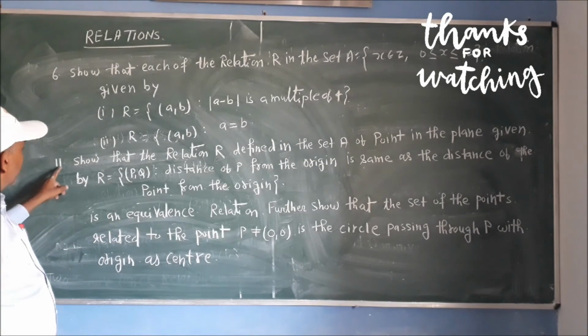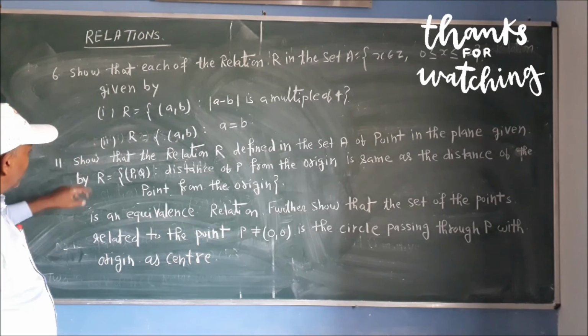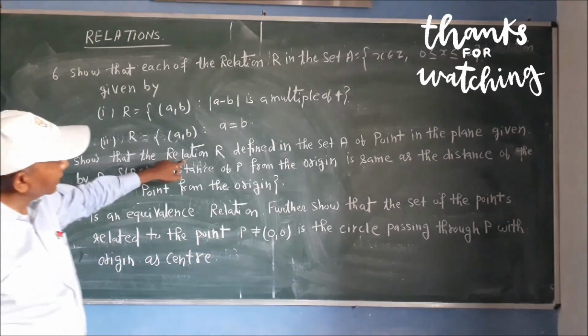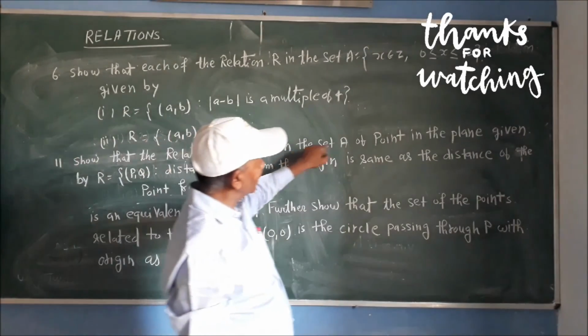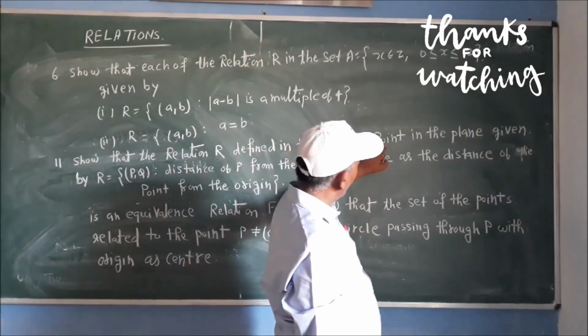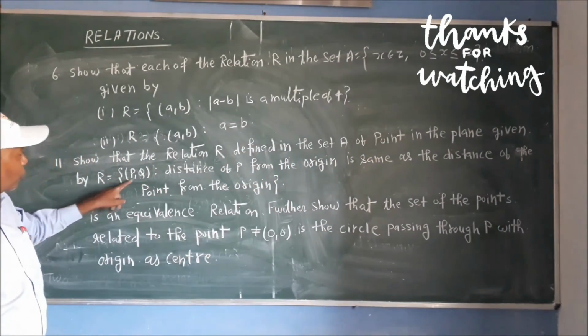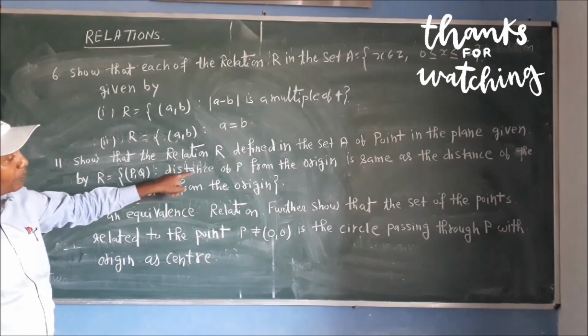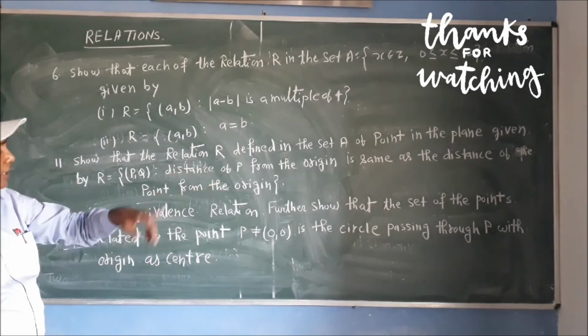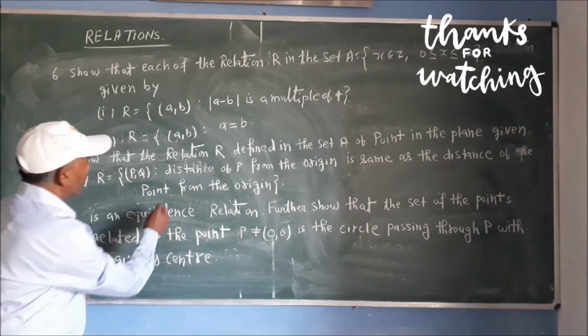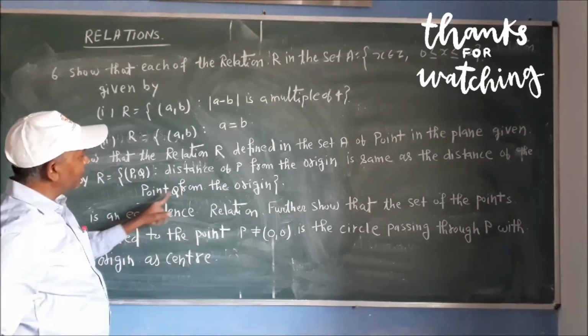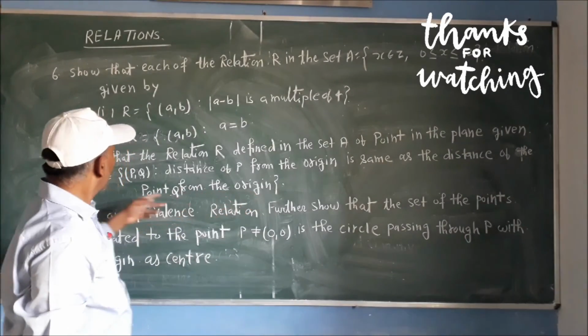Next question is question number 11 of exercise 1.1. Show that the relation R defined in the set A of points in the plane given by R = {(P,Q) : distance of P from origin is same as distance of the point Q from the origin} is an equivalence relation.